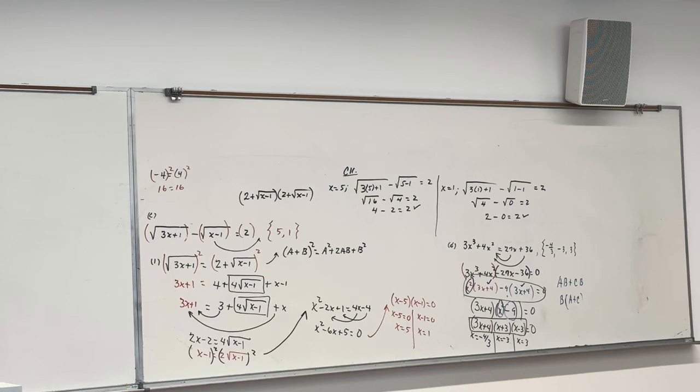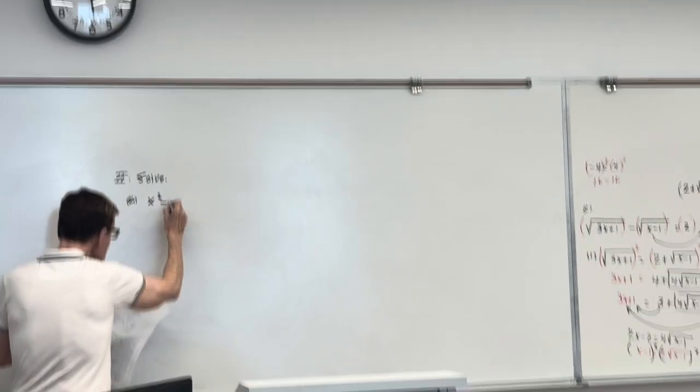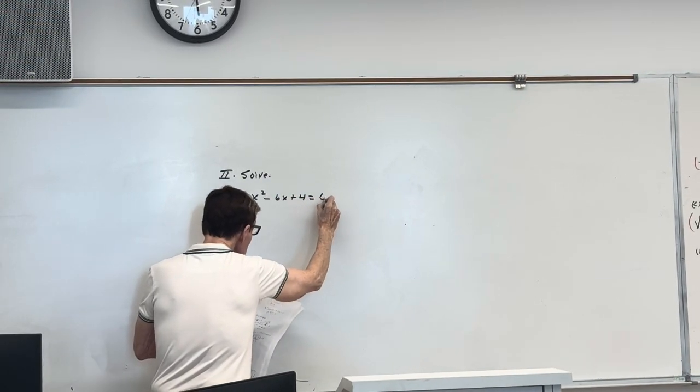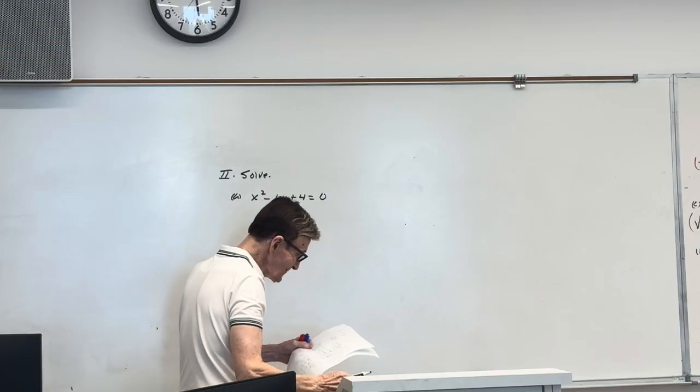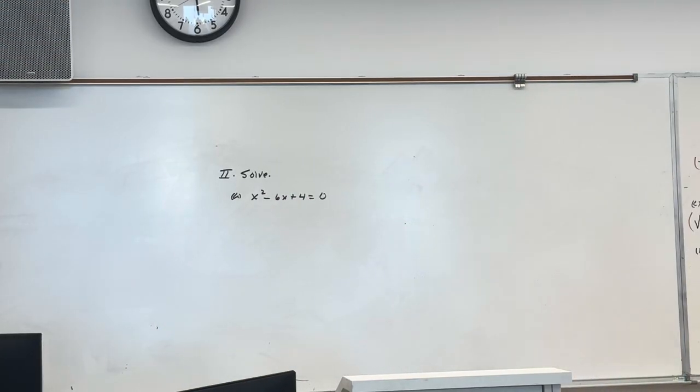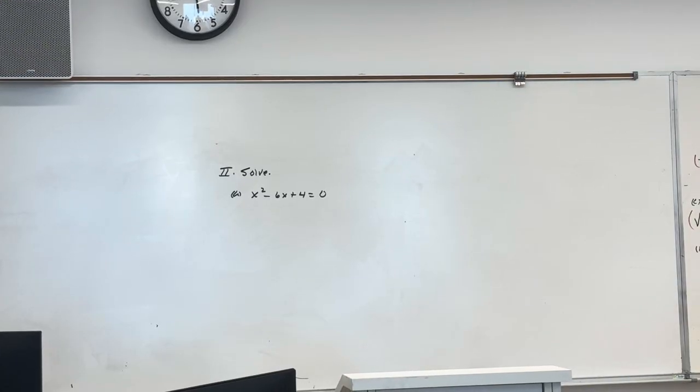This quadratic: x squared minus 6x plus 4 is equal to 0. Okay, if you see that, I'll just say solve. And I'll tell you ahead of time, this one will not factor.